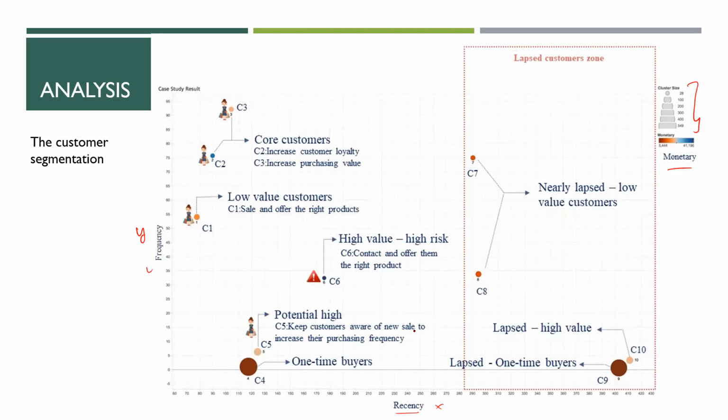Here, of course, we need a domain expert about the problem. Because this problem is about customer segmentation, to understand this result we need some knowledge about customer segmentation. Here, for example, there are segments like buyers, potential high-value, low-value, core customers, low-value customers, lapsed, nearly lapsed.